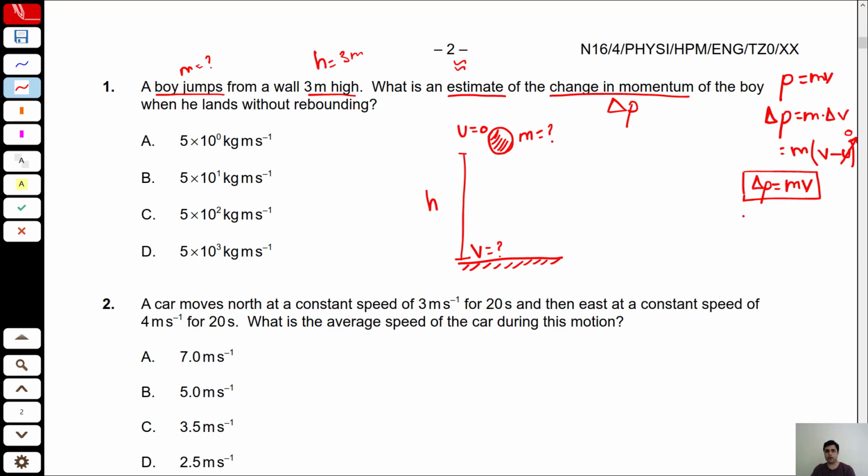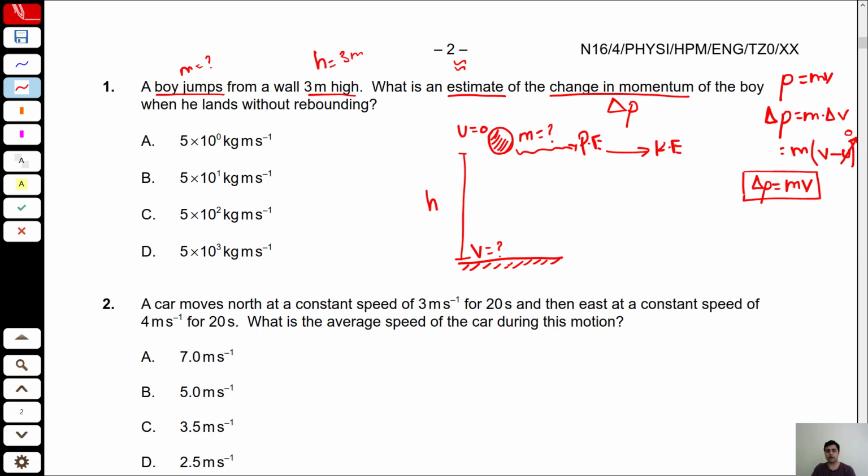Now the whole problem is to find the final velocity achieved after falling a height of 3 meters. So when the body falls under the influence of gravity, it releases potential energy. By applying conservation of energy, the entire potential energy released during the fall is converted into kinetic energy at the bottom.